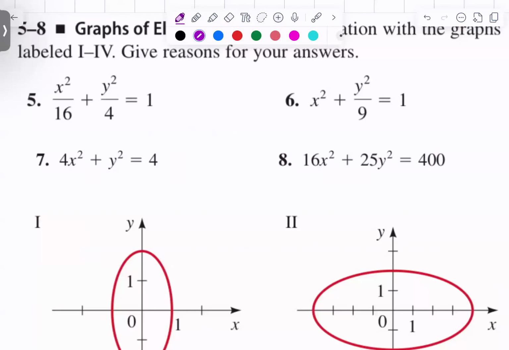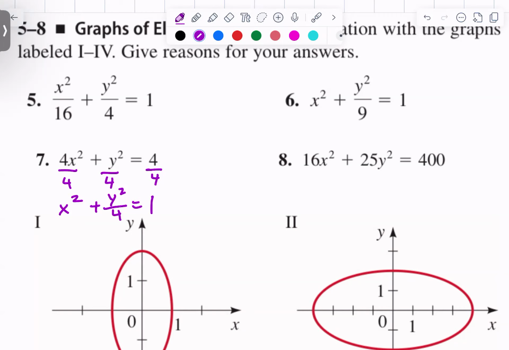So for number 7, we're going to divide it by 4. Divide it by 4, divide it by 4. So x squared over 1 plus y squared over 4 equals 1. Make it equal to 1. That's your first step. And number 8, we're going to divide it by 400 when we get there.